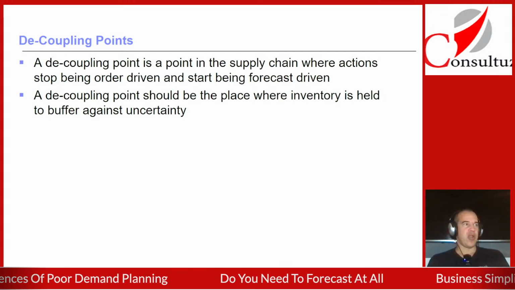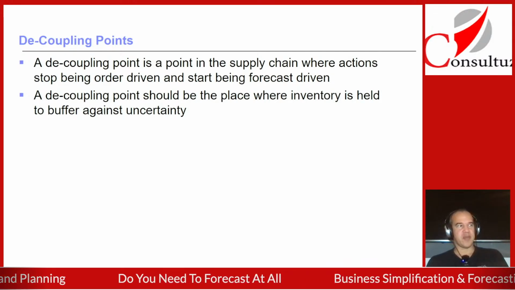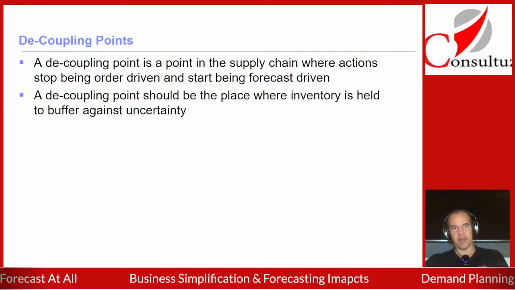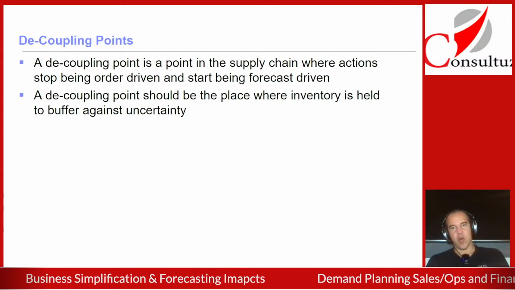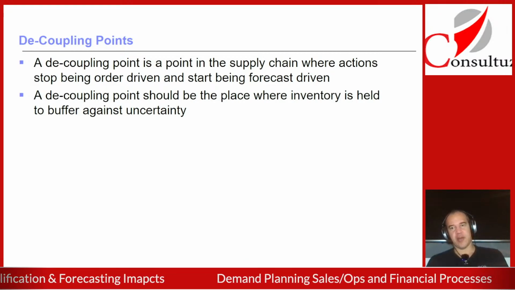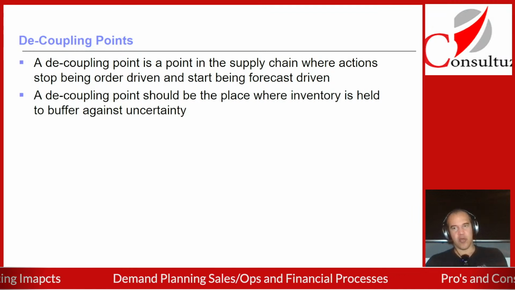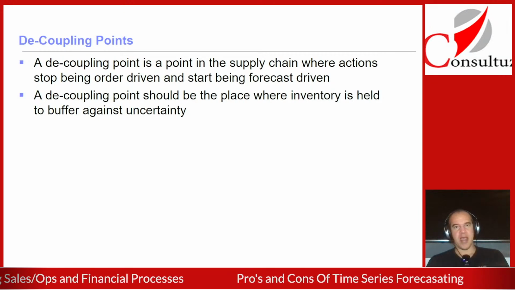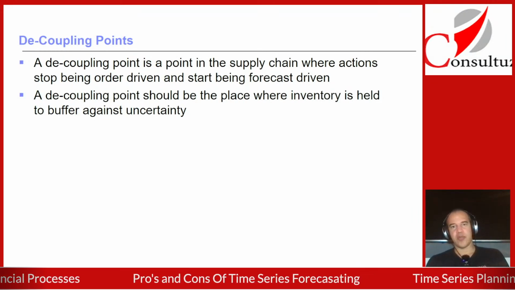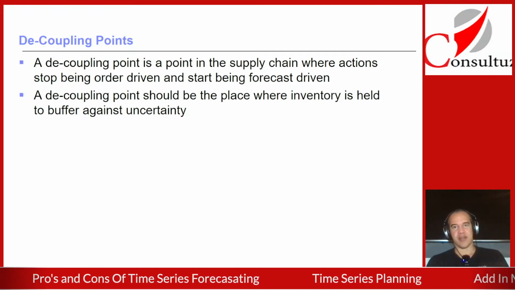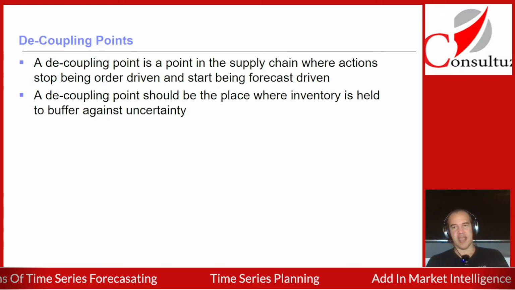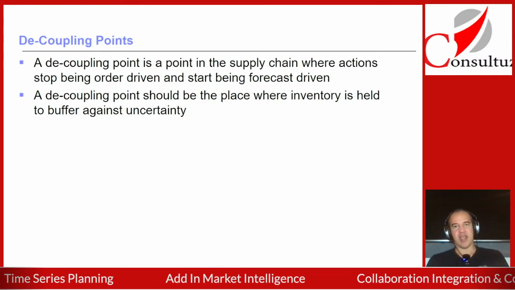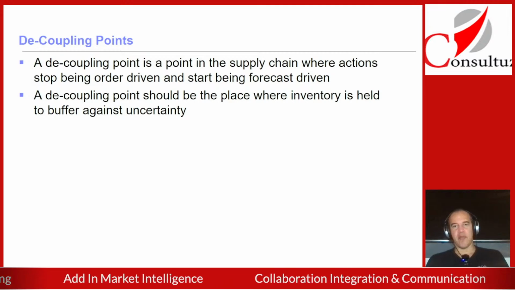A decoupling point is basically a point in the supply chain where the actions stop being order driven and they're forecast driven. So in effect, you may produce a certain amount of base stock, but then you would look at your overall forecasts, and in the short term, maybe in a 6-month horizon, you would produce according to your forecasts and adjust production if you see a strong drop in demand in the marketplace, or increase it if you're seeing strong increases on a monthly basis.